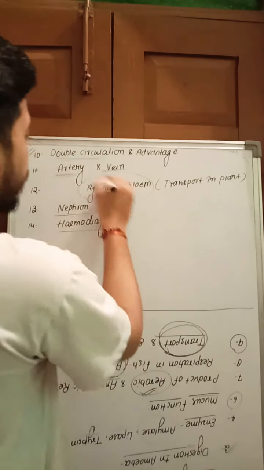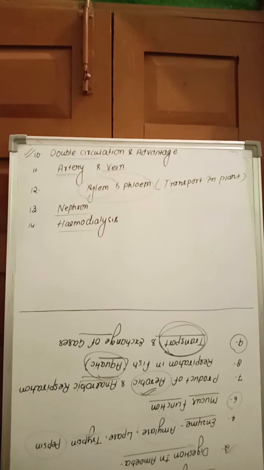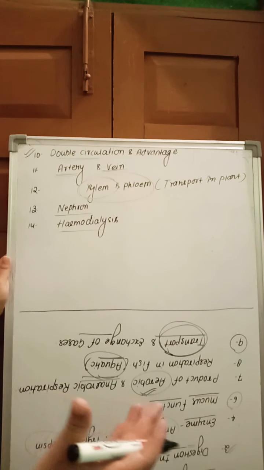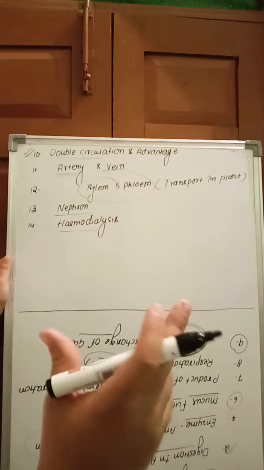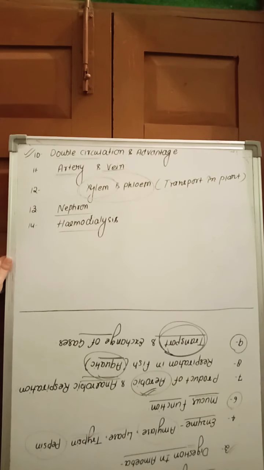So how does xylem help in the transport of water molecules? Because the leaf surface contains stomatal pores. Stomata contain dumbbell-shaped or kidney-shaped guard cells. The guard cell has two walls, a thick outer and inner wall.